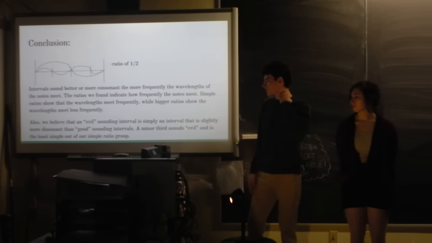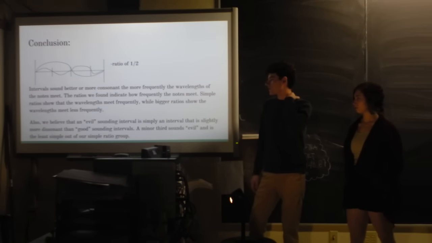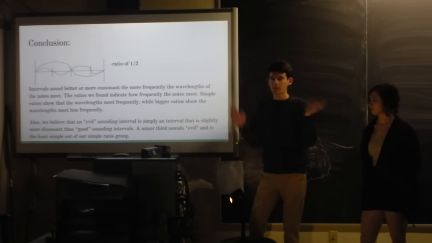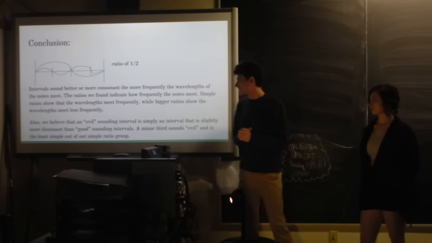Another thing is that a minor third is a kind of interval that's kind of an evil interval, in the West at least, what we associate with an evil sound.